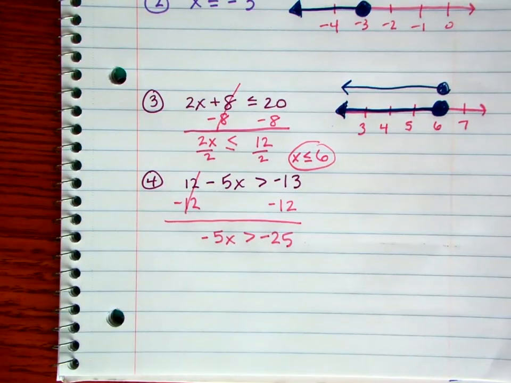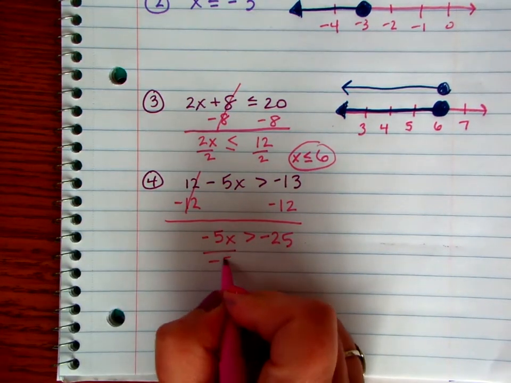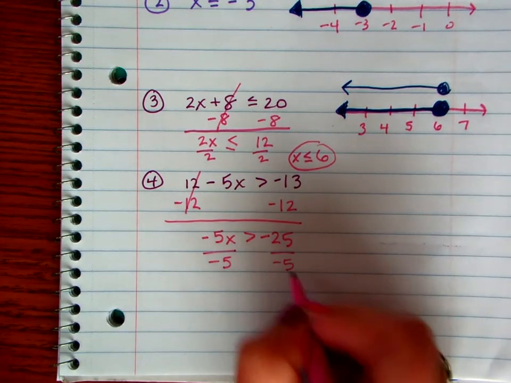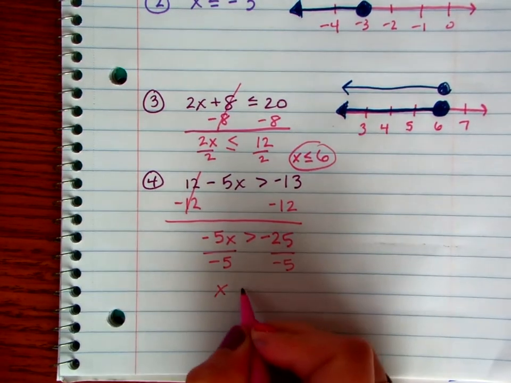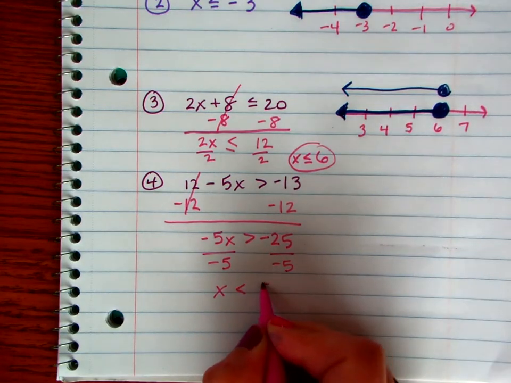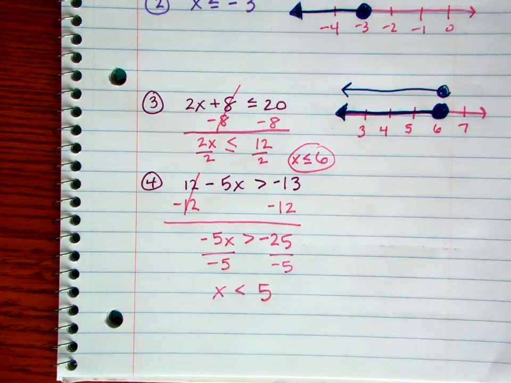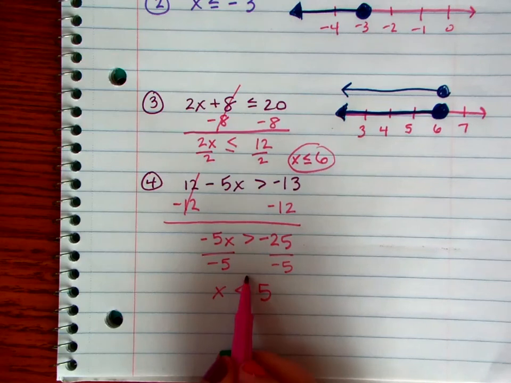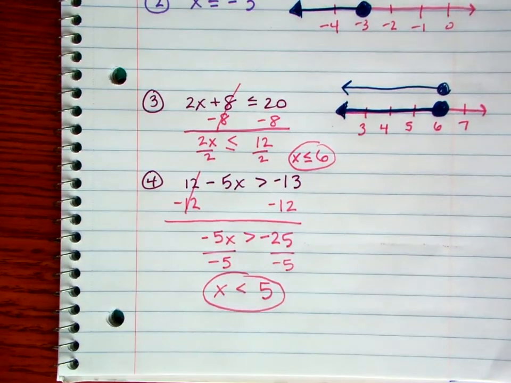But my second step is to divide by negative 5. And when I divide by a negative, I do flip the symbol. So this becomes x is less than, and negative 25 divided by negative 5 is a positive 5. So my actual solution is x is less than 5. Okay, so that's what I'm going to graph.